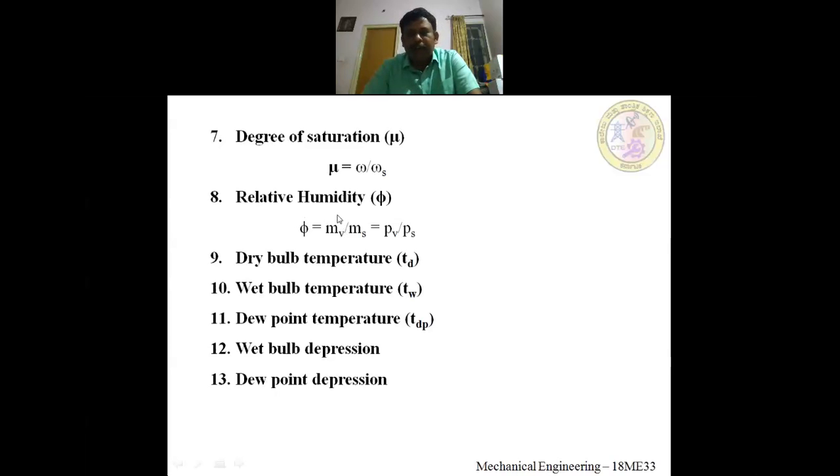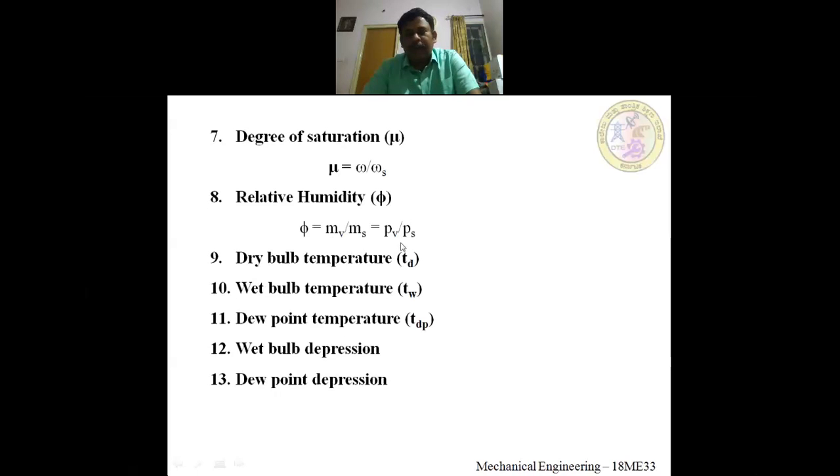Next, relative humidity, represented by the symbol phi. It is defined as the ratio of mass of water vapor in the unsaturated air to the mass of water vapor in the saturated air. Both are at the same temperature, that is, unsaturated air and saturated air are both at the same temperature.